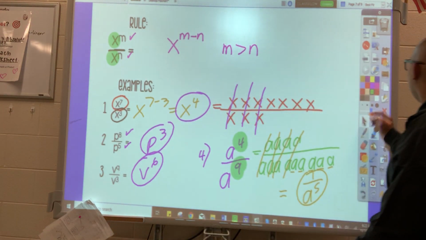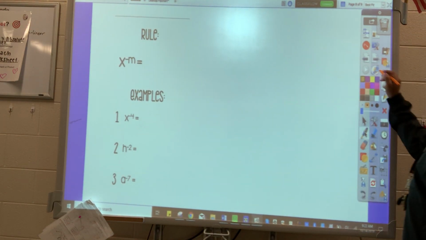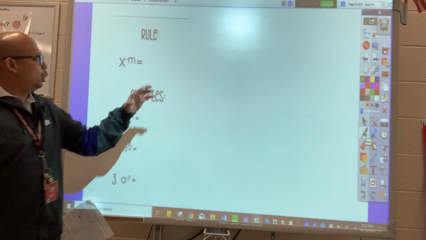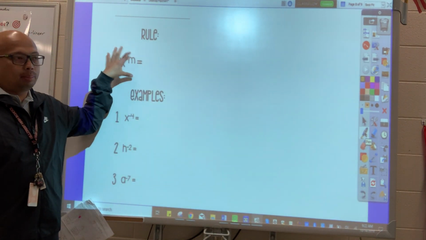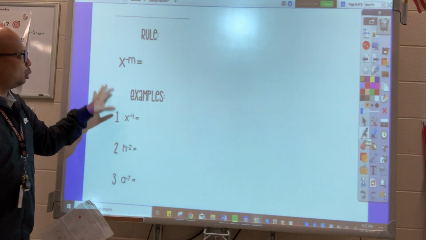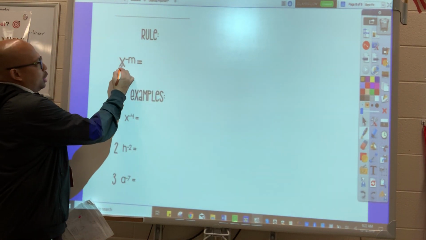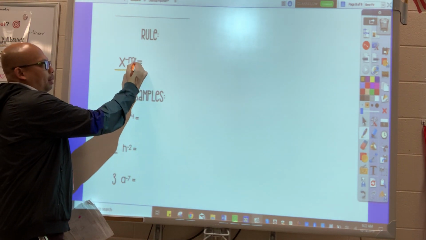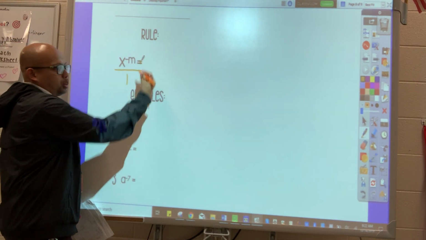Okay? Next. Here's the negative I was telling you. If you have a negative exponent, that cannot be your final answer. You have to simplify it. You know that there's an imaginary one here, right? To make the exponent positive, you have to switch its position.